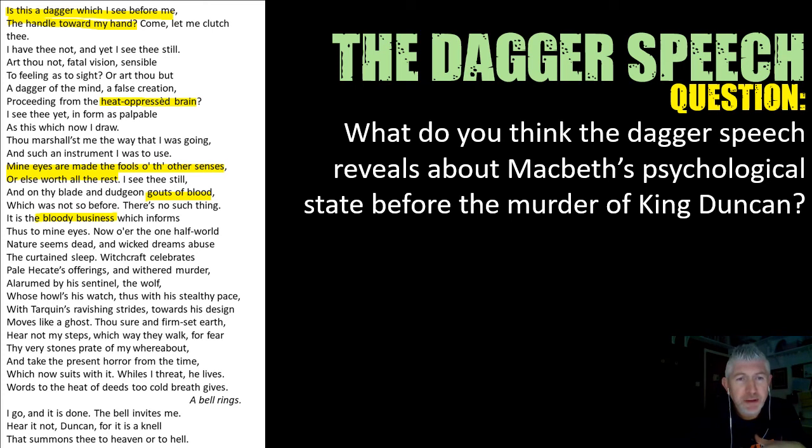He talks about the idea of half the world, where nature seems dead. He's talking about night here, when the sun is set, which makes nature seem like death, like being in the grave. So he is associating this time of night with the idea of death.